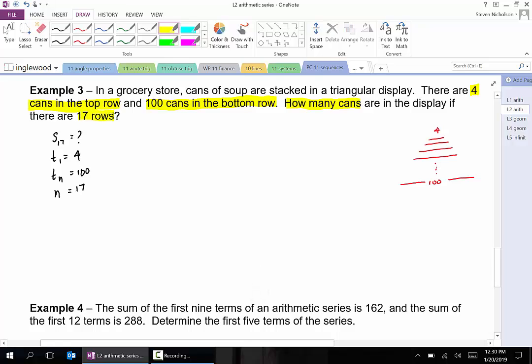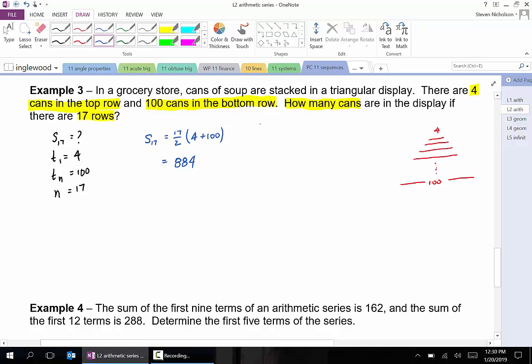So these are questions that are putting language, and we're to understand how that language connects to this unit, how this language connects to the letters. So here's what the question is asking, S of 17, and given that we have the 4 and the 100, we're simply going to figure that out, and we get 884. Now, you could also use the other formula if you wanted.